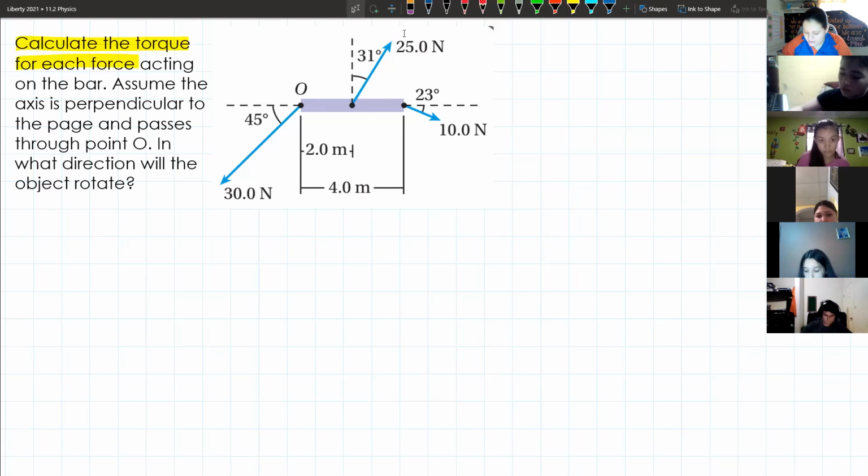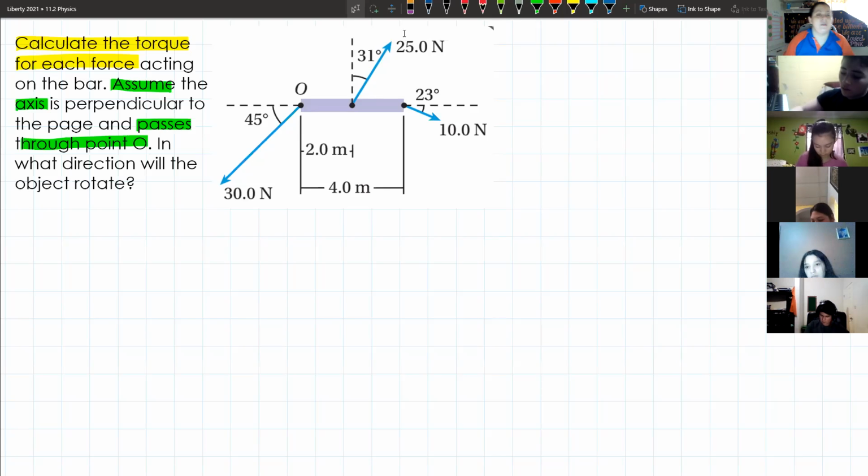Then the second indication is assume the axis passes through the point O. That's the other information it gives me, where the axis of rotation is located.